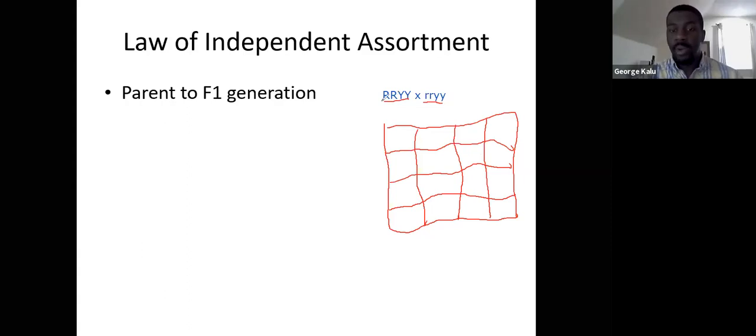The way that we're going to organize our Punnett square here is we're going to list each allele combination across the Punnett square.